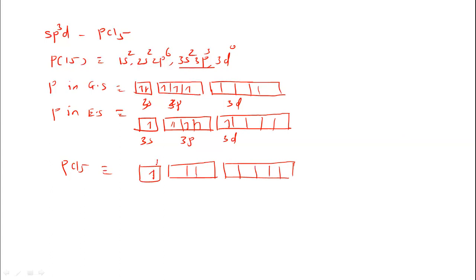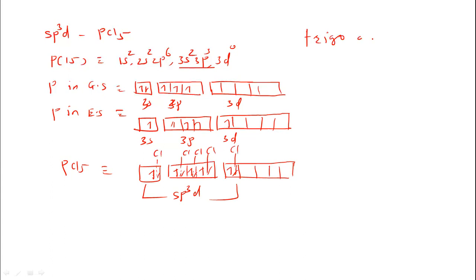These are the electrons of the 5 chlorine atoms, and there is a formation of 5 sigma bonds. So the hybridization is sp3d, and 5 sp3d hybrid orbitals are formed. For sp3d hybridization, the corresponding geometry is trigonal bipyramidal.